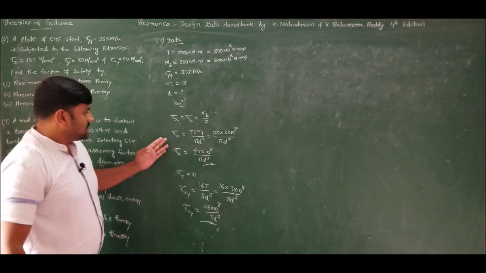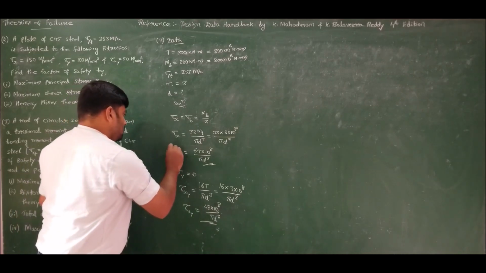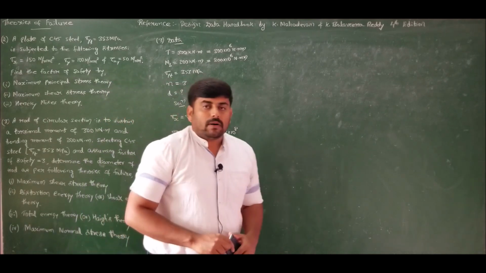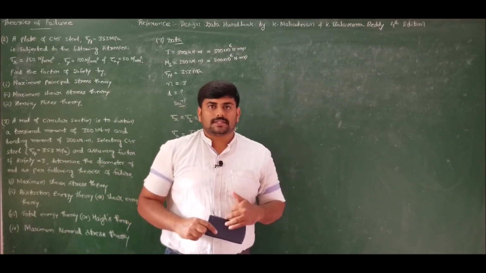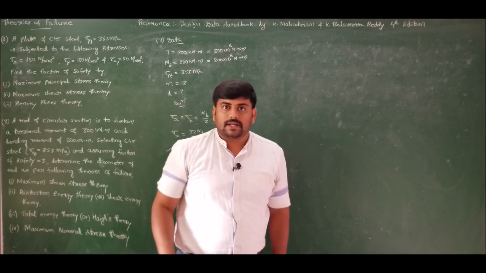Now we got the normal stresses sigma x, sigma y and tau xy, using which I can find maximum and minimum principal stresses. Once you find maximum and minimum principal stresses, we can use theories of failure and find the diameter required.